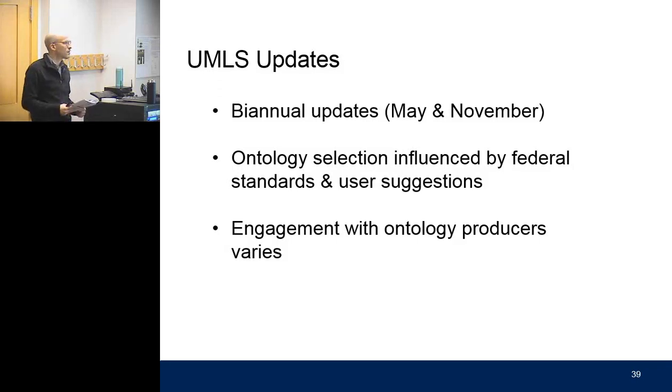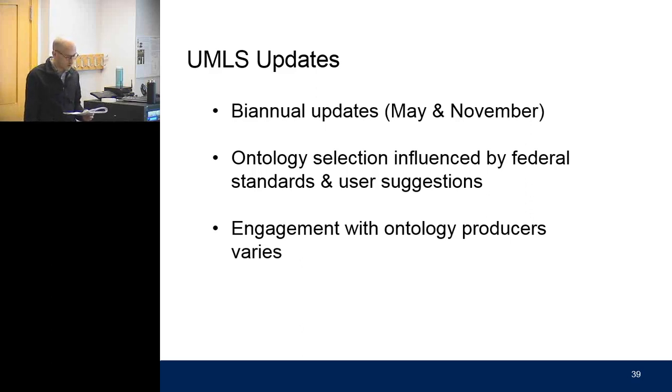The ontology selection, in terms of which ontologies are incorporated into the UMLS, can kind of vary. All the clinical terminologies and code sets that are designated by the federal government as federal standards will be included in the UMLS.